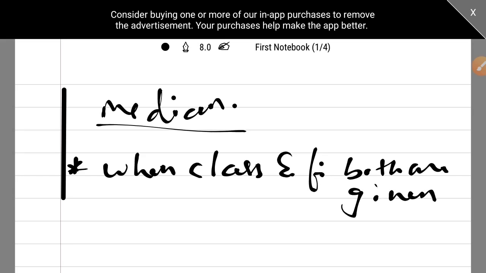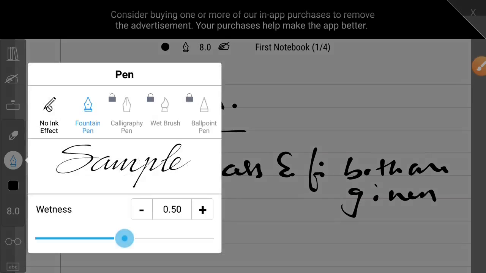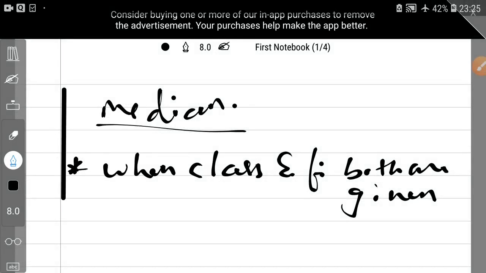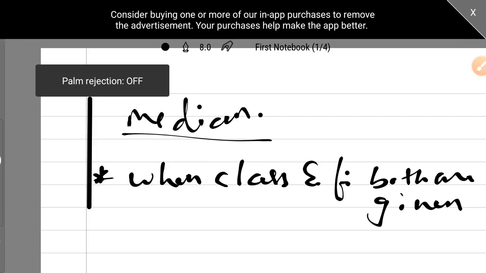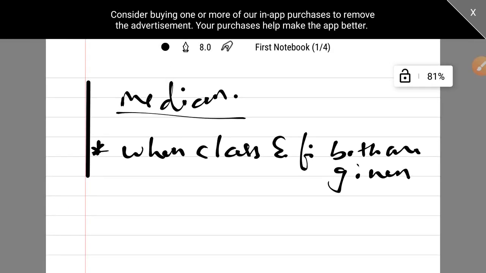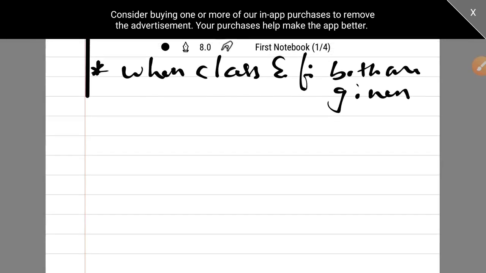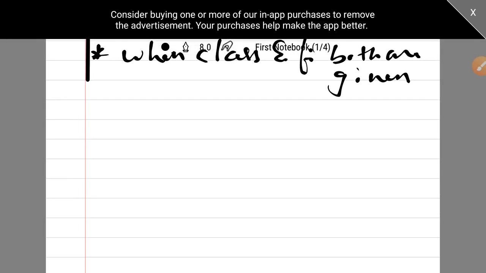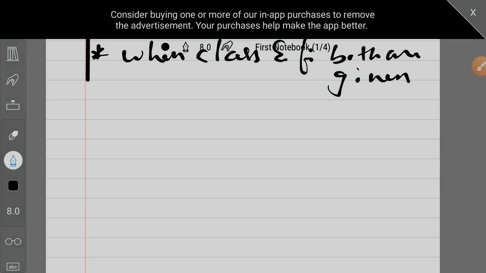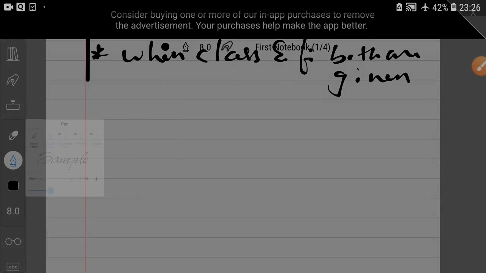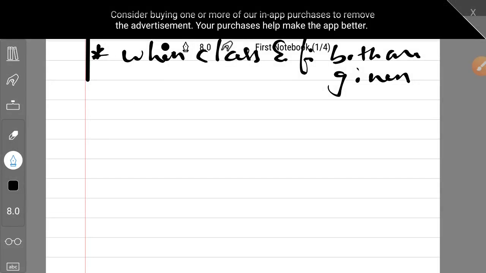Okay, so we are doing a median when class and frequency both are given.